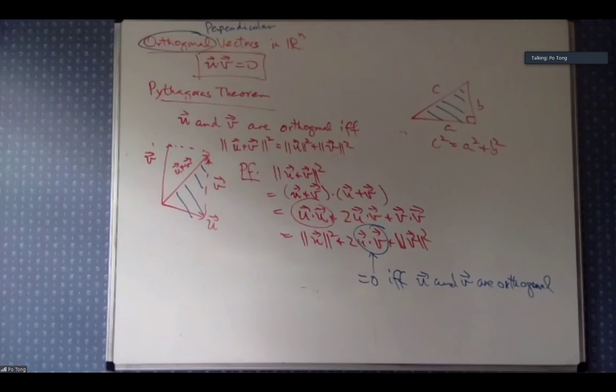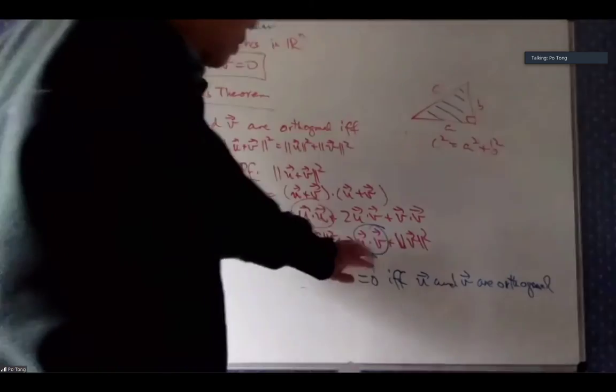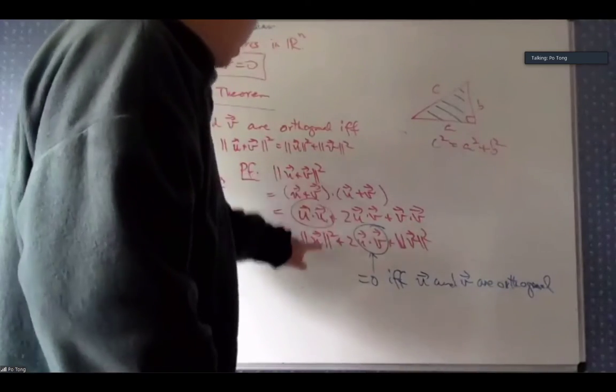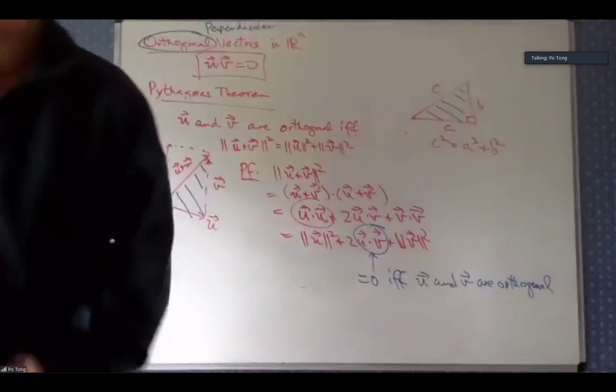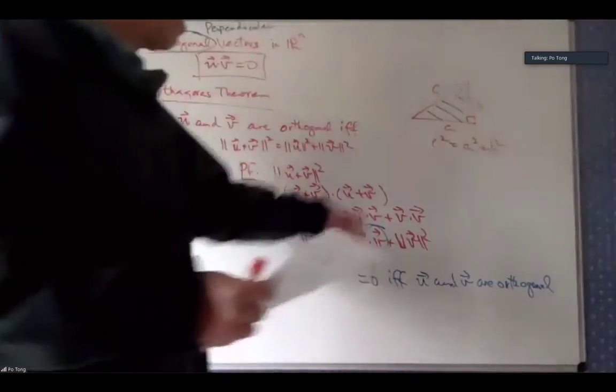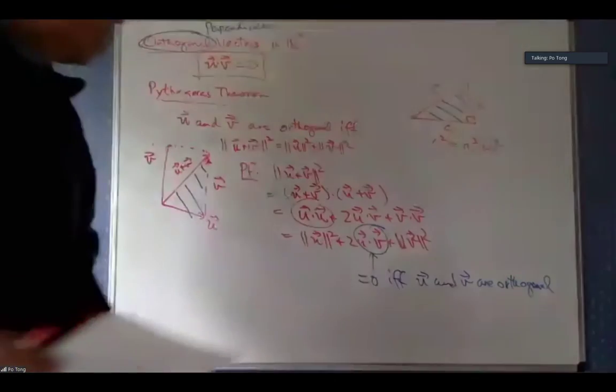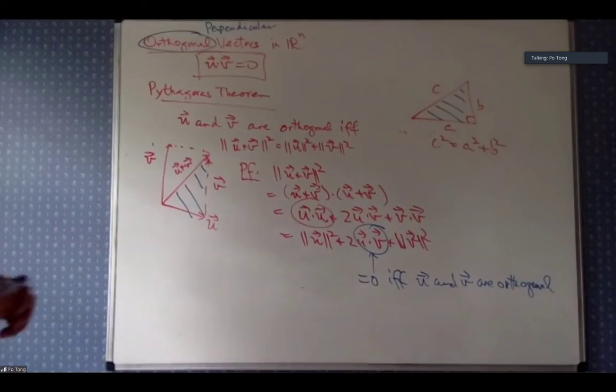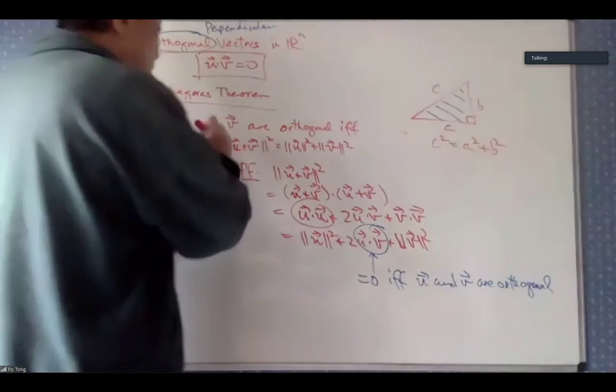When it's perpendicular, this guy is 0, so this guy is equal to this plus this, which is really a generalization of this. So the form of the Pythagoras theorem now for us looks like this. This is Pythagoras theorem.